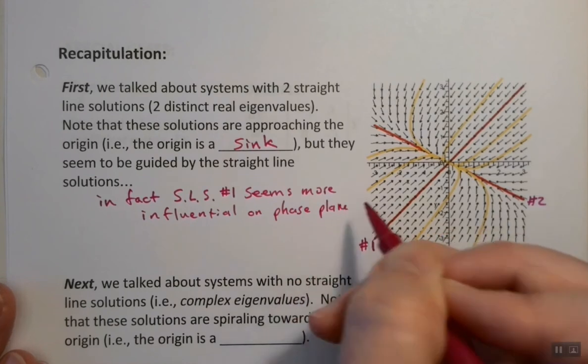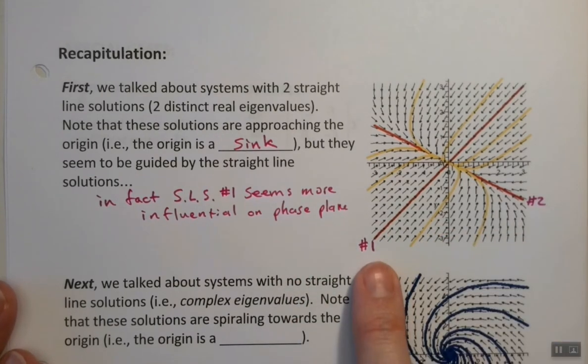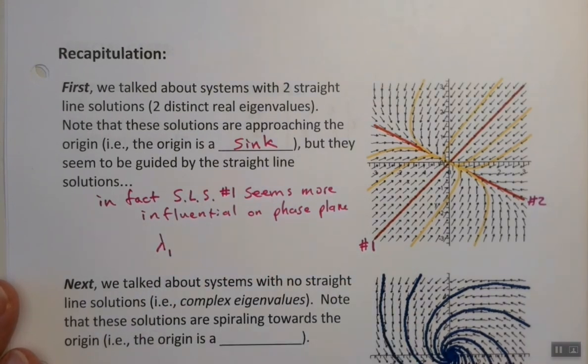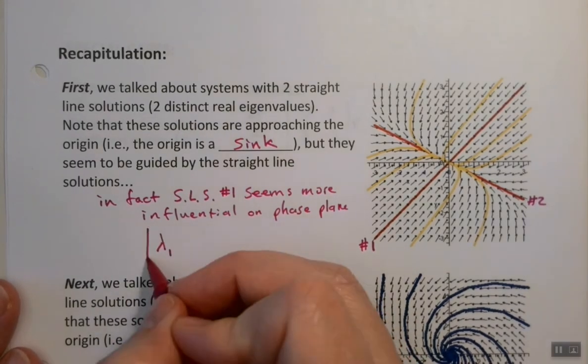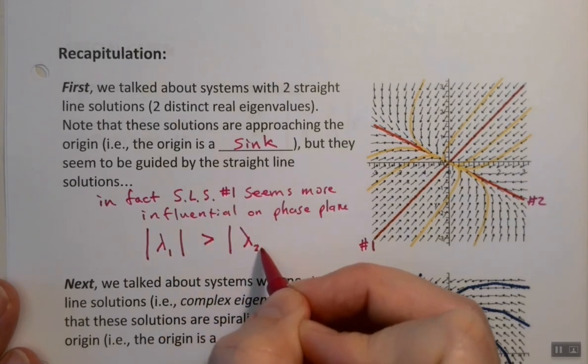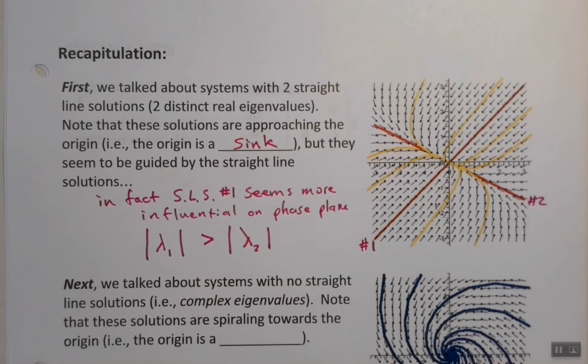Well, if straight line solution number 1 is more influential, then the lambda associated with it, its magnitude, must be greater than the magnitude of the eigenvalue associated with straight line solution number 2. And we know that's the case.